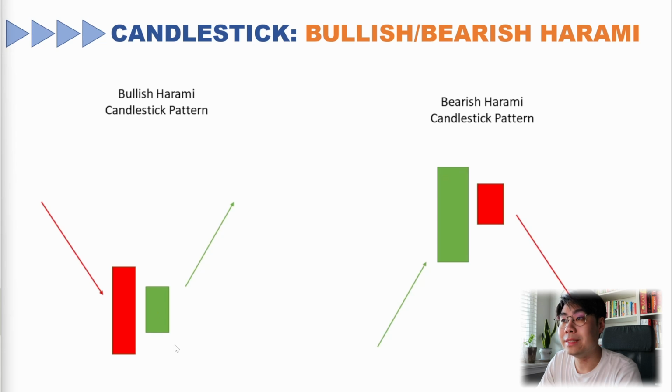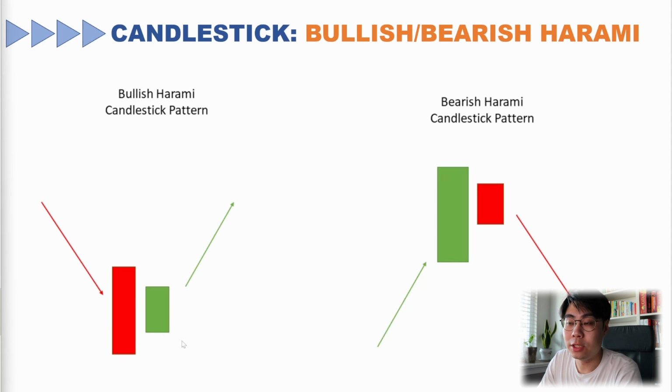Over here, we see two patterns. One is called a bullish harami and the other one is called a bearish harami. I'll explain a little bit of what this looks like and then I'll explain the understanding of it. So for a bullish harami, it looks like a downtrend. Price is going down with red candlesticks.